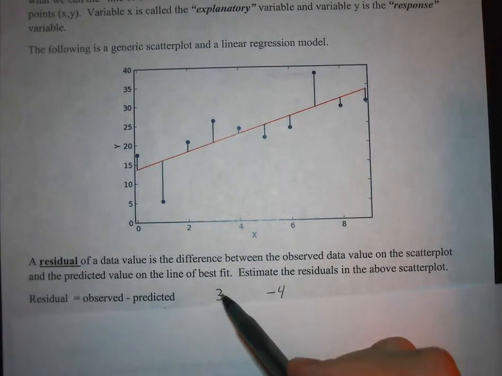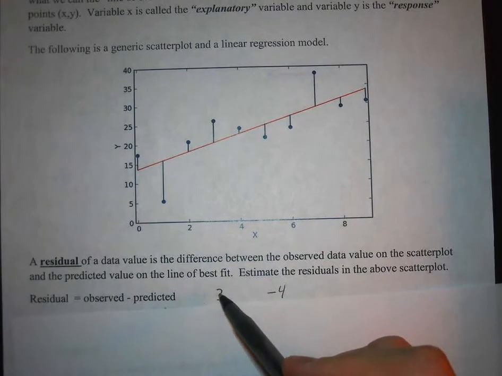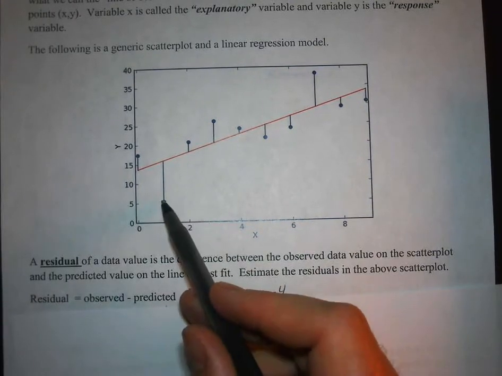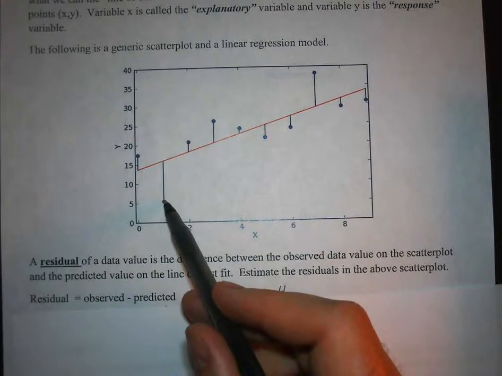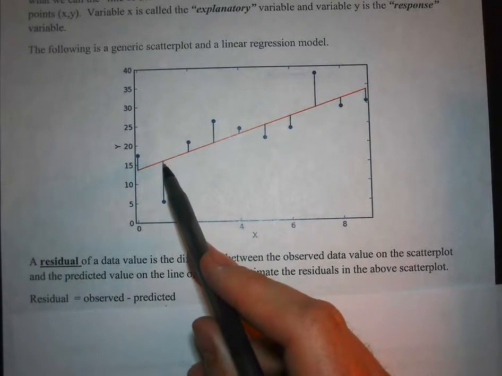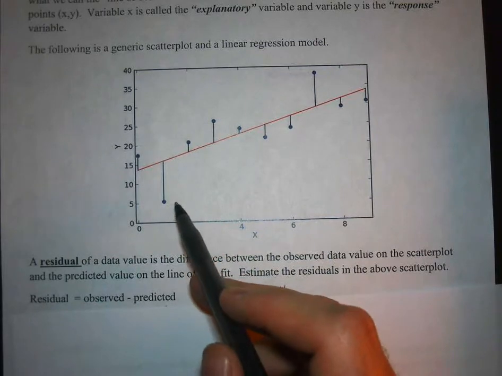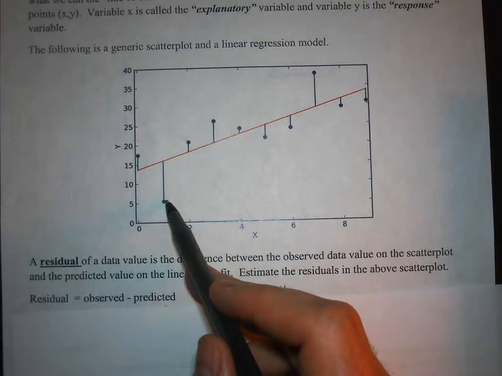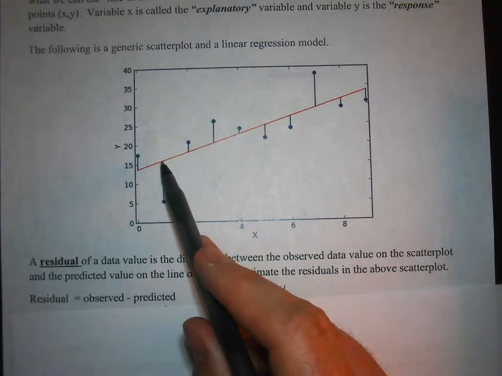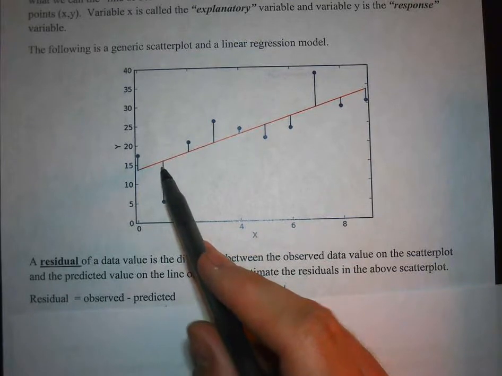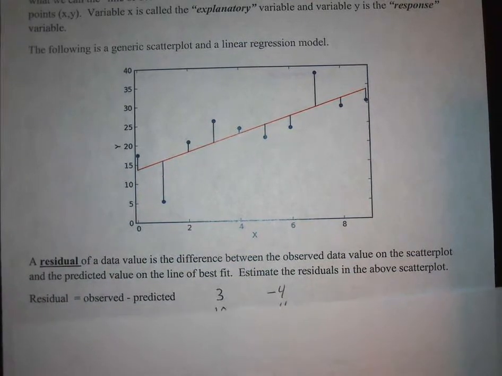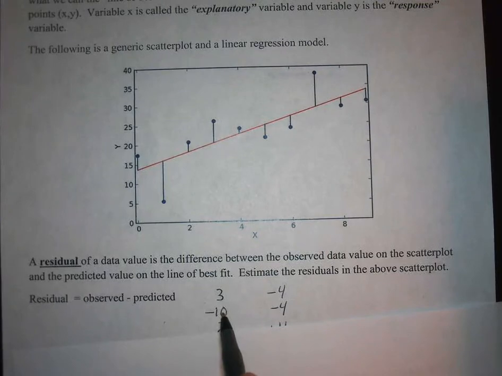Okay, so that first data point has a residual of positive 3. The second data point, that observed value is below the line of where the predicted value is. So there, if you take right around 5 minus 15 or 16, that's a negative residual now, and that residual is about negative 10.